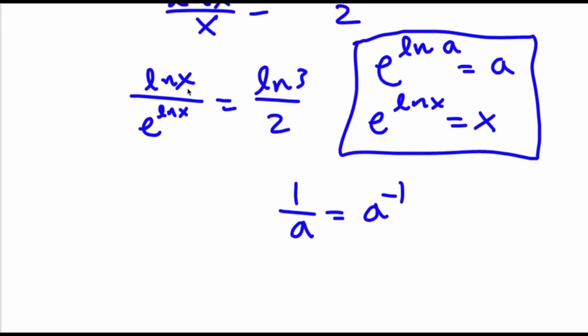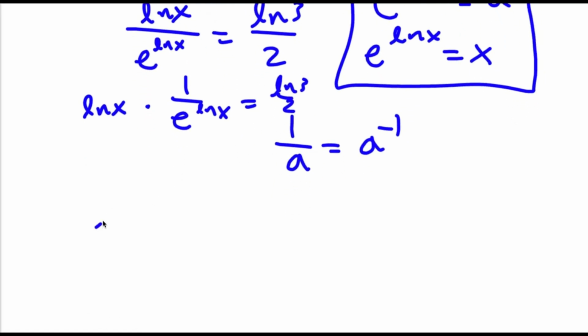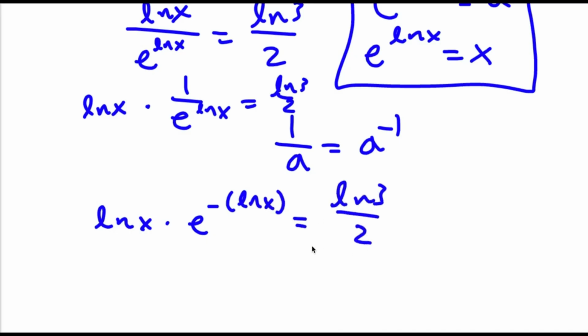So ln x over e to the power of ln x, I can rewrite this as ln x times 1 over e to the power of ln x, which is equal to ln 3 over 2. And this is equal to ln x times e to the power of negative ln x, which is equal to ln 3 over 2.